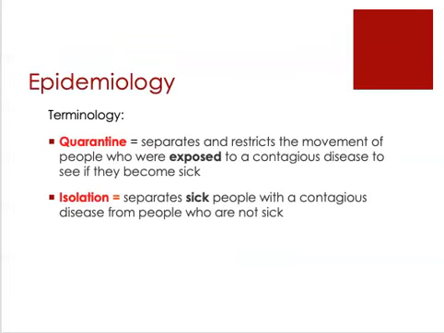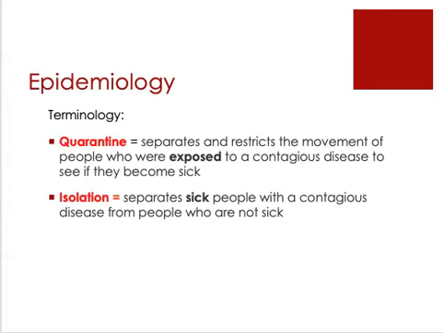Two other terms that you've probably heard a lot recently that it's important that we understand are these terms quarantine and isolation. Quarantine is a term that describes the separation and restriction of movement of people who have been exposed to a contagious disease.